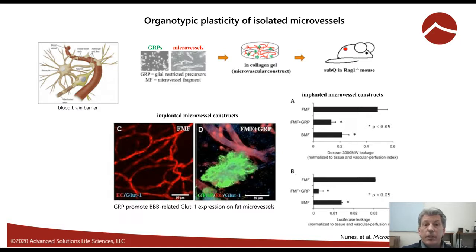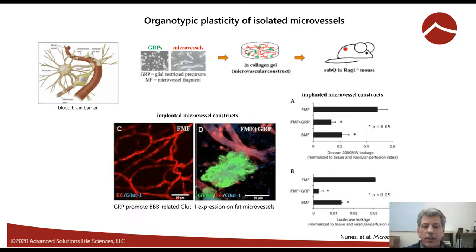Those cell types are the astrocytes, and we use the precursor of the astrocyte, which we call GRP. If you combine those GRPs with our fat vessels in that 3D matrix environment that I just showed in the video, and plant those subcutaneously, it will evolve into forms of microcirculation that become more blood-brain barrier-like.